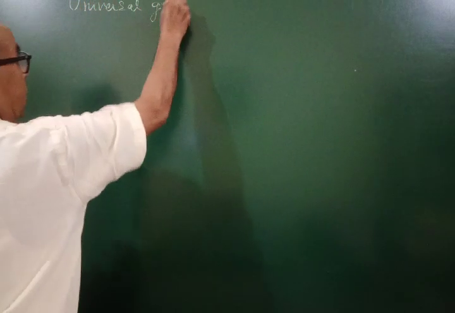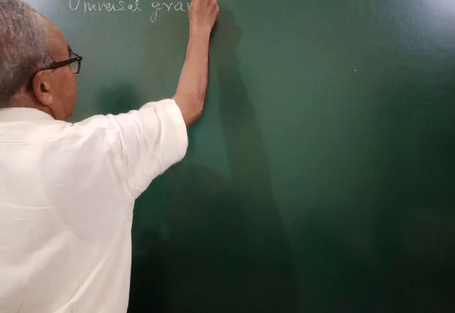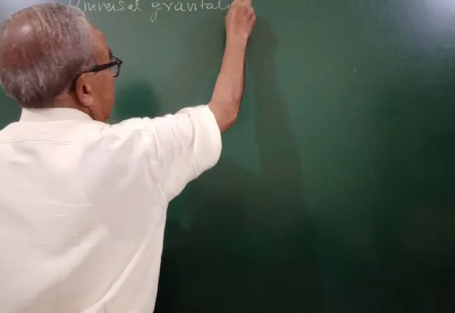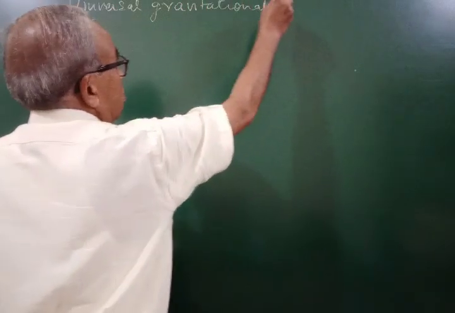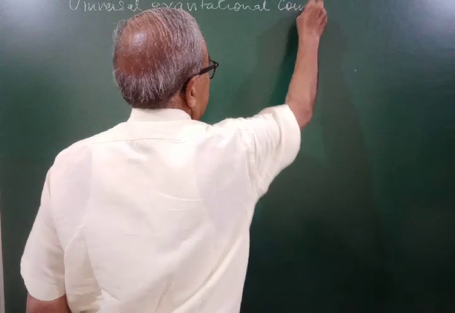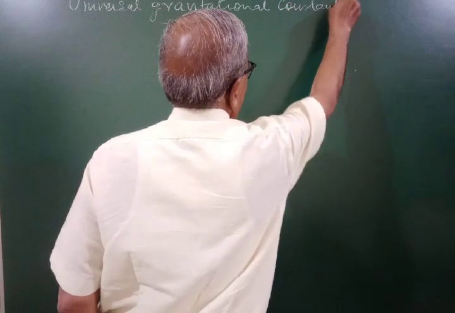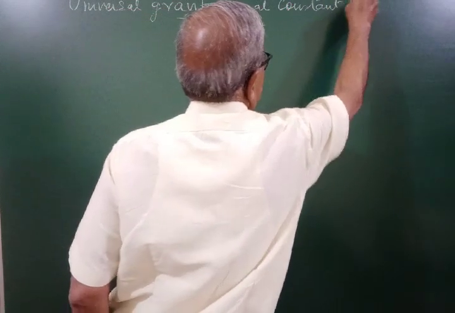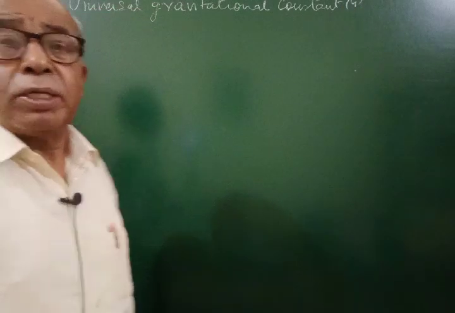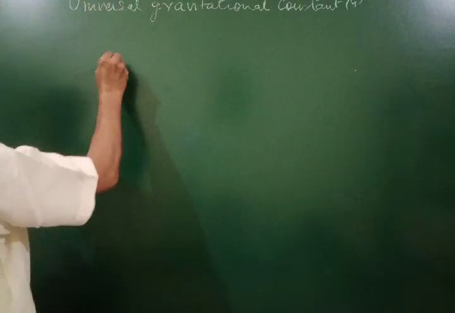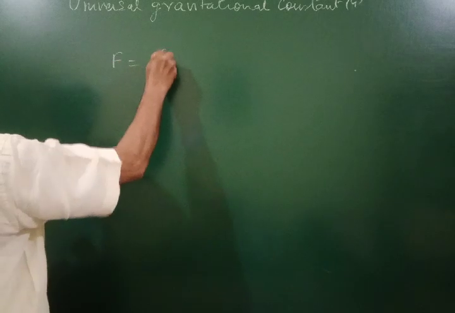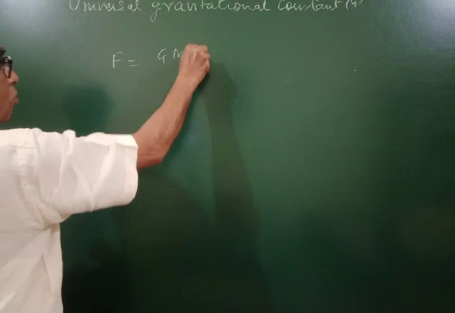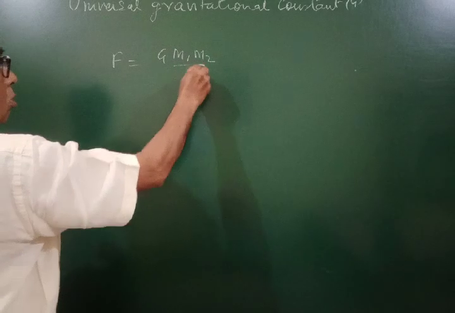Universal gravitational constant, capital G. You have learnt Newton's law of gravitation, F equal to G m1 m2 upon r square.